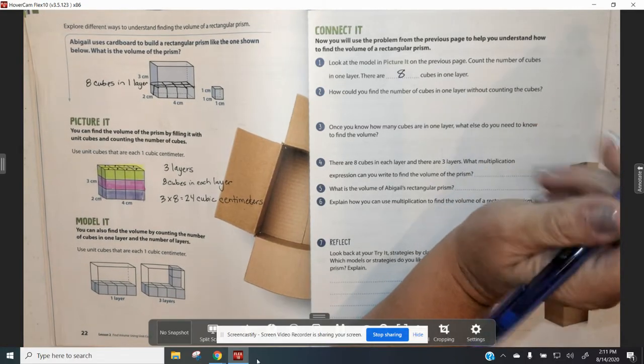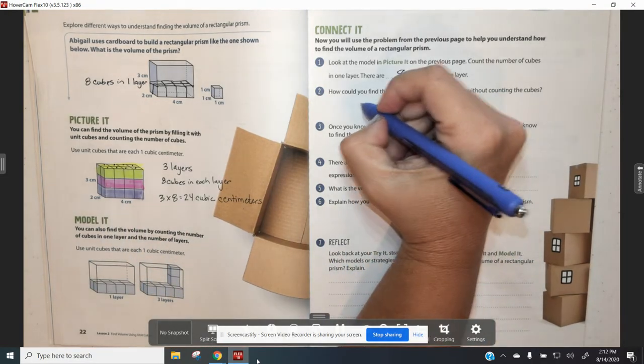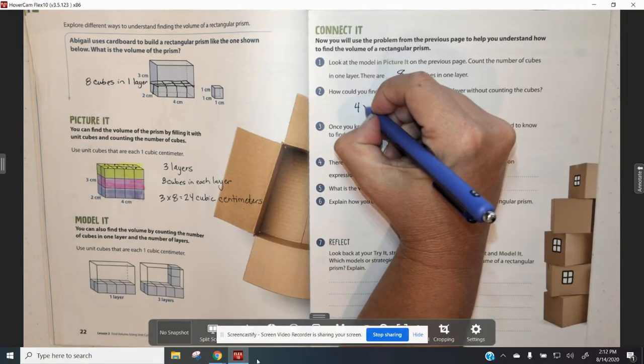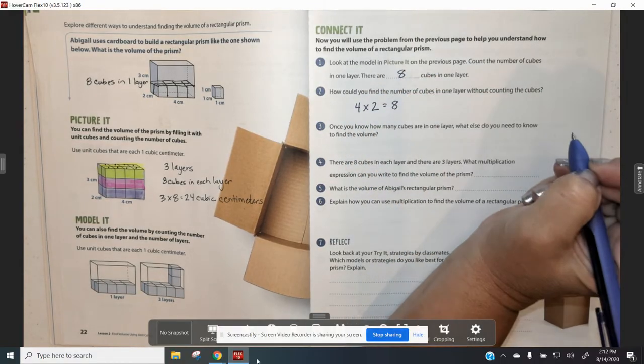All right, I wanted to give you some time to think. If it were me, I would recognize that 4 times 2 equals 8.